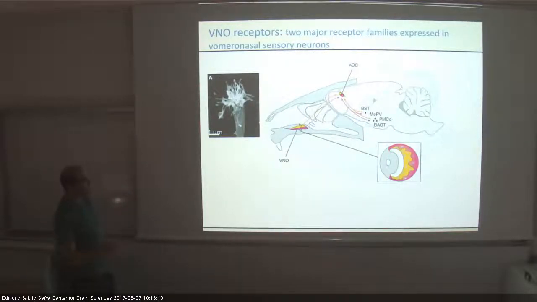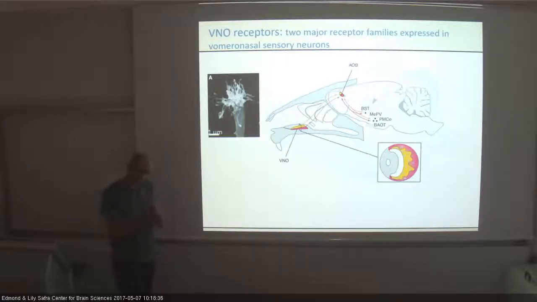One thing that we can already appreciate is that for molecules to reach the VNO, they don't have to be volatile. But they do have to be soluble. For example, if there's some big molecule in another animal's urine and it's somehow taken up into the nasal cavity and to the VNO, then it will be perceived by the system. But it won't be perceived by the main olfactory system if it is not volatile and able to reach it.